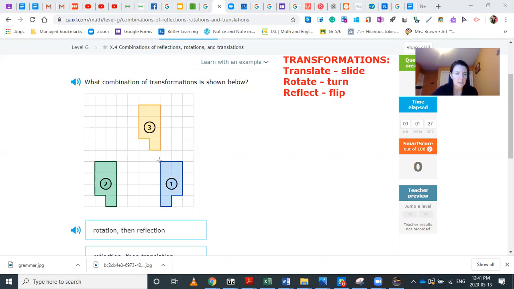You can see it's not on this line, which is directly along the shape. That's not the line that we're using. We've got 1, 2, 3, 4 little blocks in between, and half of those blocks will be for one side and half for the other side. So it is reflected over that line over there. From 1 to 2, you have reflected.